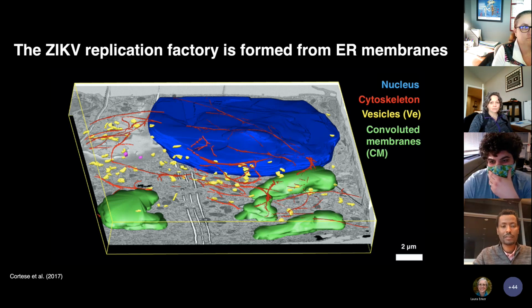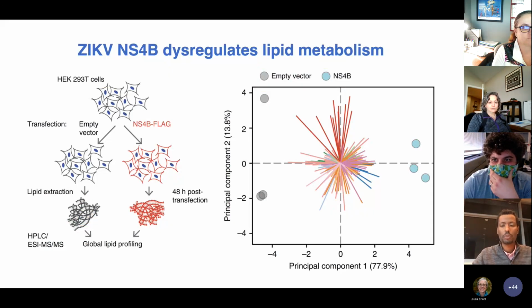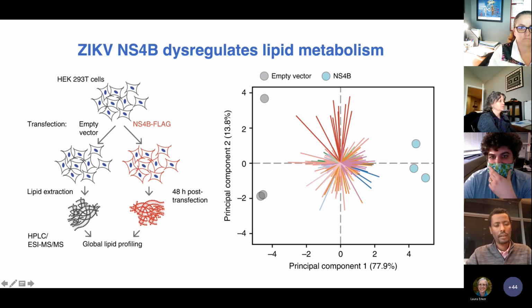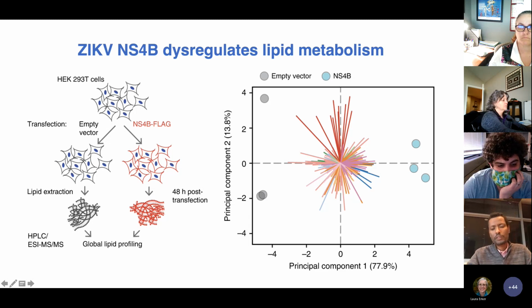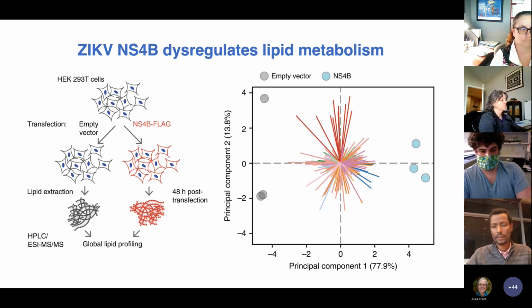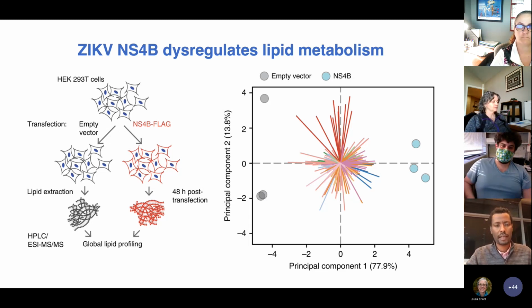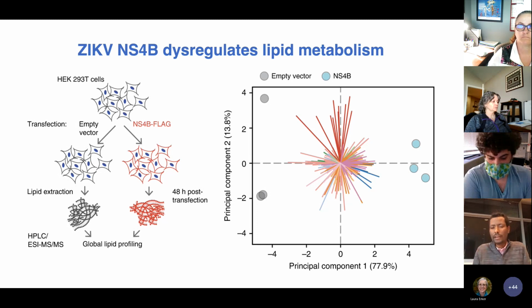Because of that, we decided to perform another lipidomic where we transfected NS4B and, as a control, an empty vector. And we sent the samples to Jennifer to do exactly the same type of lipidomic analysis to see if there is any similarity between virus infection and NS4B transfection.